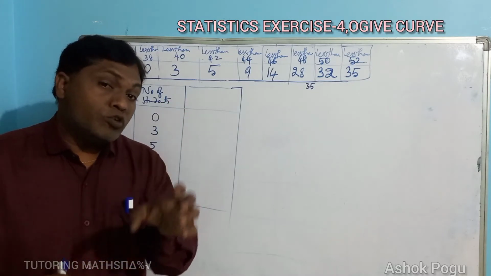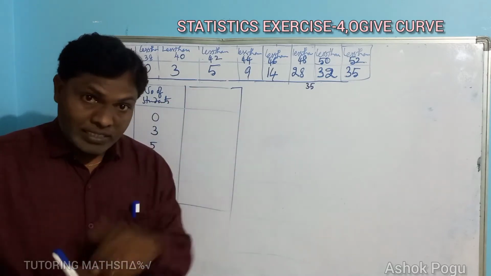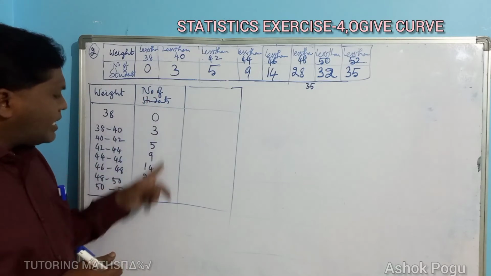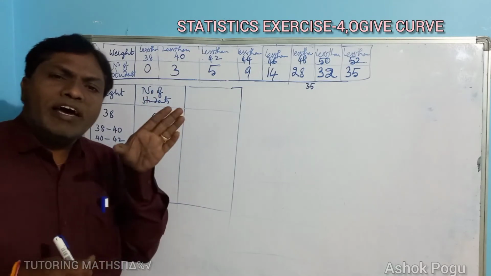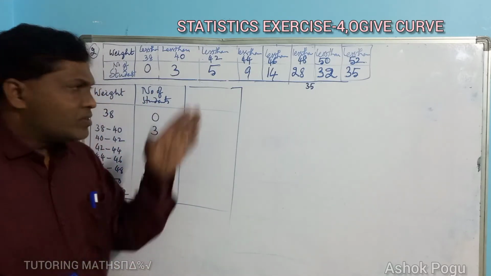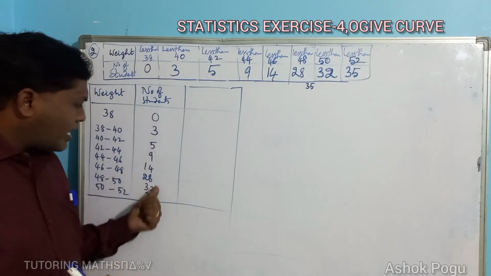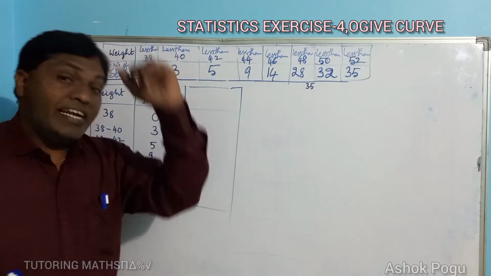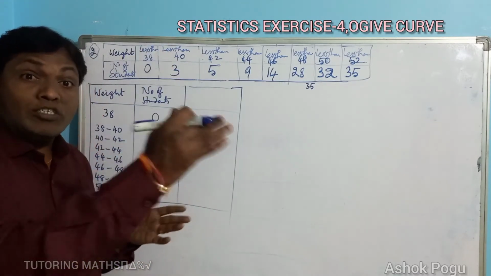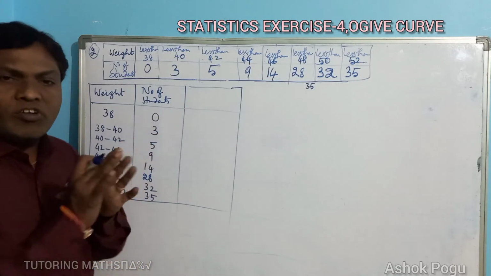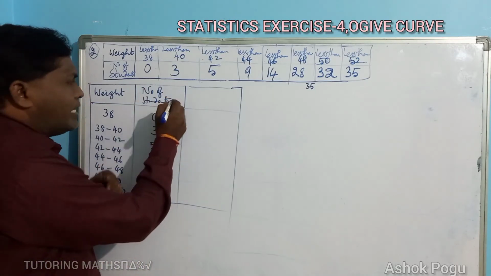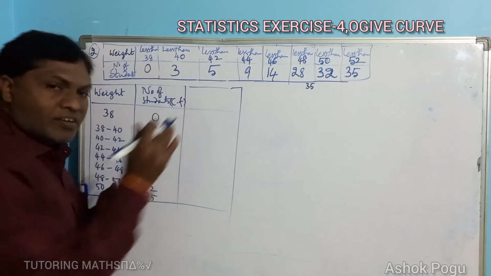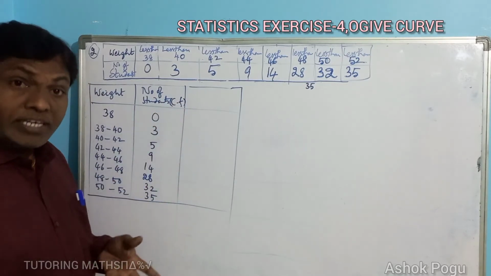But actually here the values are arranged in a particular order. The data is 0, 3, 5, 9, 14. It is in ascending order, small to big. So therefore it is not frequency. This should be taken as cumulative frequency. Yes, it is cumulative frequency.